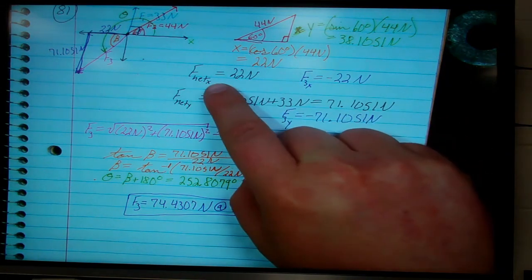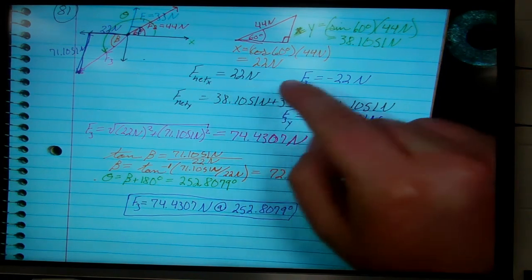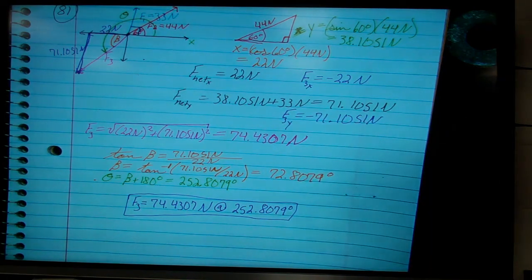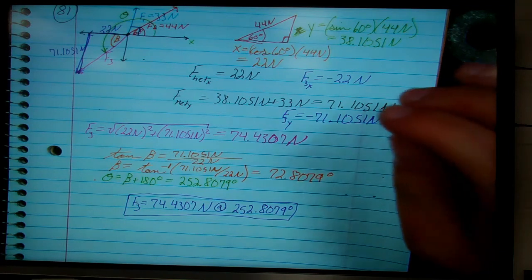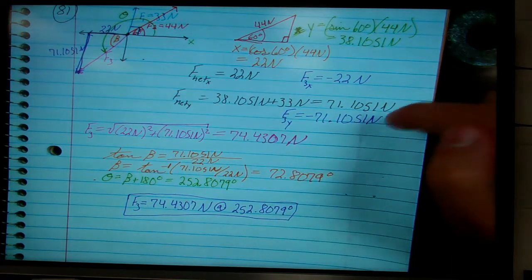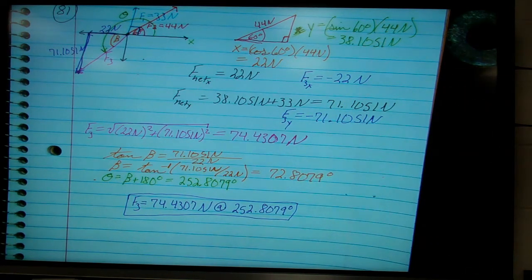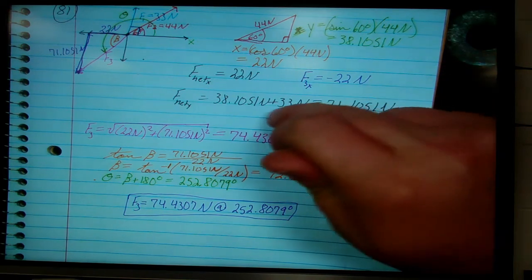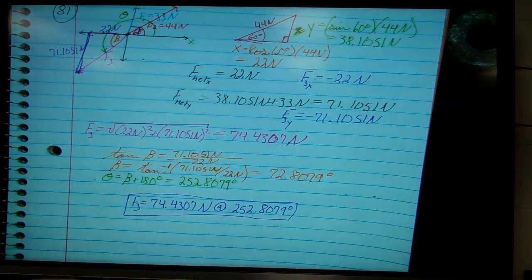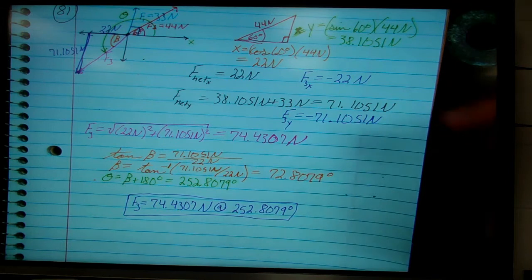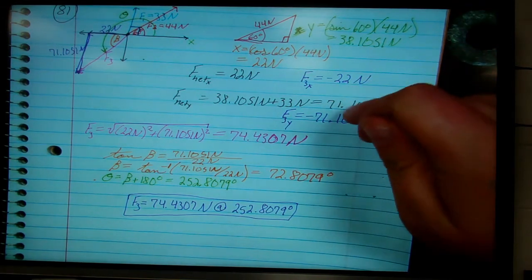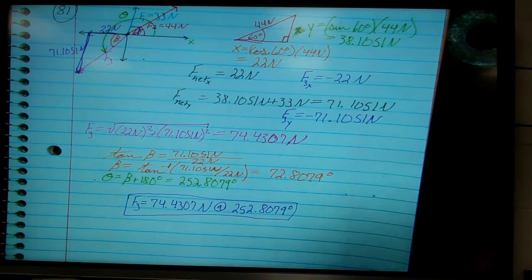So we found the net force in the x direction, which is 22 newtons, and the net force in the y direction, which is 71.1051 newtons. So in that case, our third force is equal in magnitude but opposite in direction to cancel everything out. So in that case, we just stick the magnitude of that number with the opposite sign.